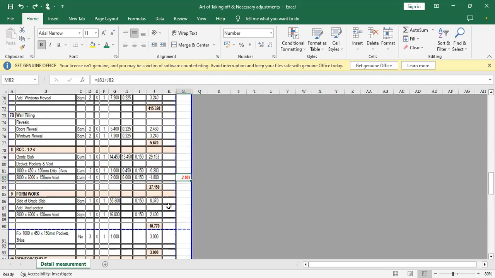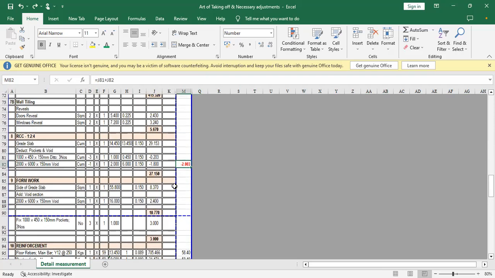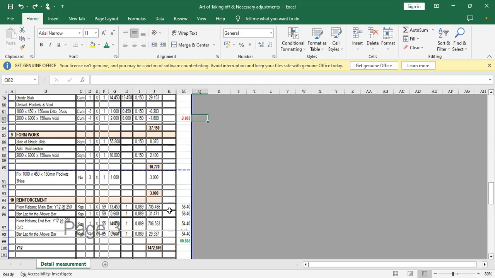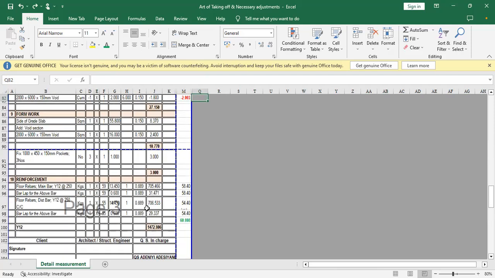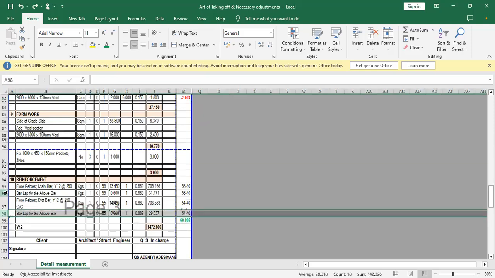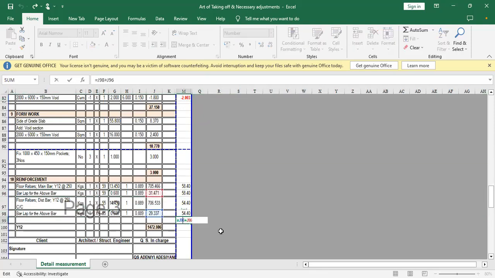Let's say at the rate of 60,000 naira, that will translate to about 120,000 naira. At the same time, if we don't add for bar lap, the contractor will be getting about 61 kilogram less. Let's say at the rate of 600 naira, he will be getting that less from his certificate or in the BOQ that the quantity surveyor produces.